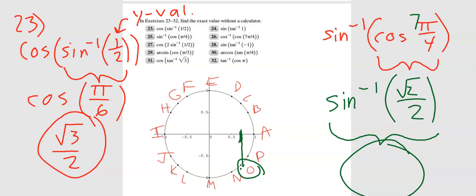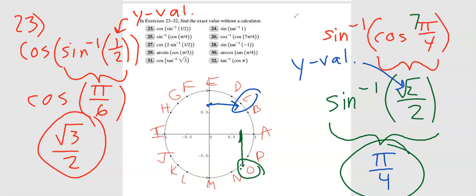Now look at what you have. Isn't this the same kind of question we just had? The y value, some of you really need to focus. This right here is a y value. The y value, radical 2 over 2, on the right half of the circle. Oh, that is letter choice C, pi over 4.